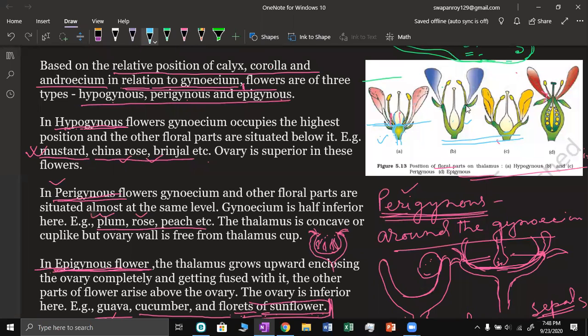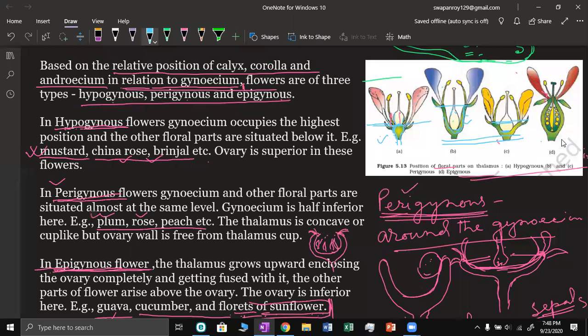So they are coming more or less at the same level. And here one thing, though the thalamus cup has grown up, it has not fused with the ovary wall.